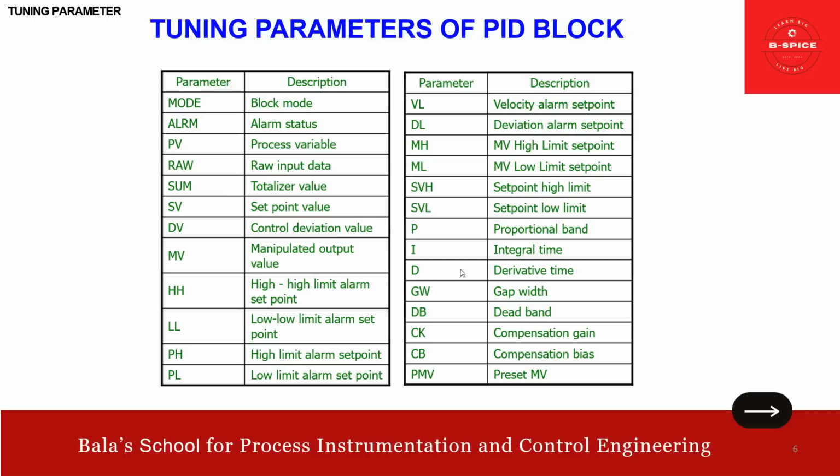These are the typical look and feel of the parameters inside the PID block. Just get to know all these terminologies. The next level is what to tune and how to tune; all this we'll cover in detail in the future.